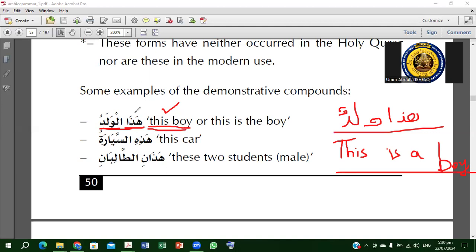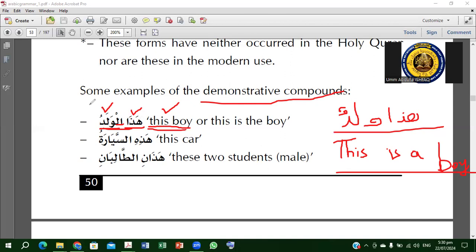So if haza is proper here, and al-waladu is also proper with alif lam, if both are proper, it will be a demonstrative compound, or you can say murakkabe ishari. This is ishara, and this is musharun ilayh. The translation will be this boy.